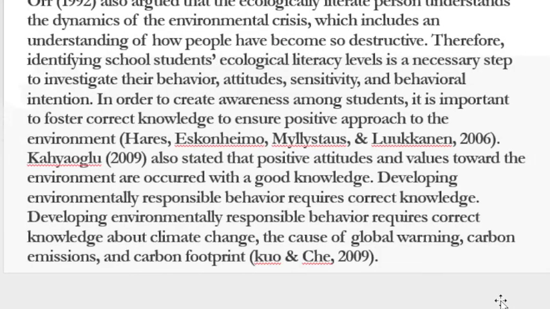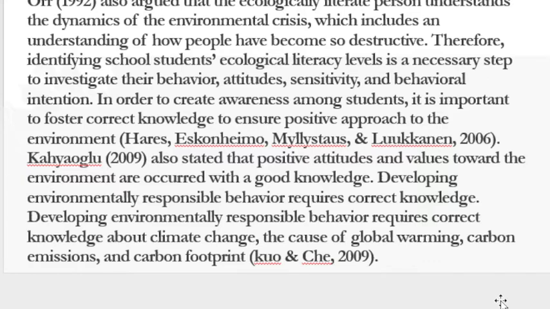In 1992, another author also argued that the ecologically literate person understands the dynamics of the environmental crisis, which includes an understanding of how people have become so destructive. Therefore, identifying school students' ecological literacy levels is a necessary step to investigate their behavior, attitudes, sensitivity, and behavioral retention.